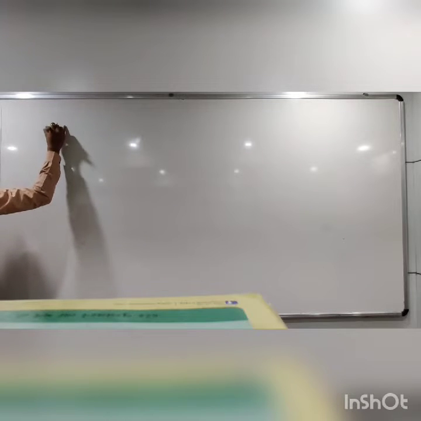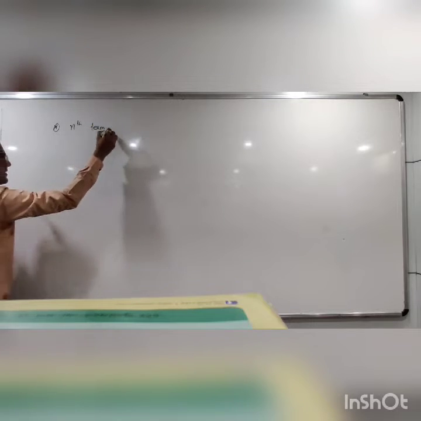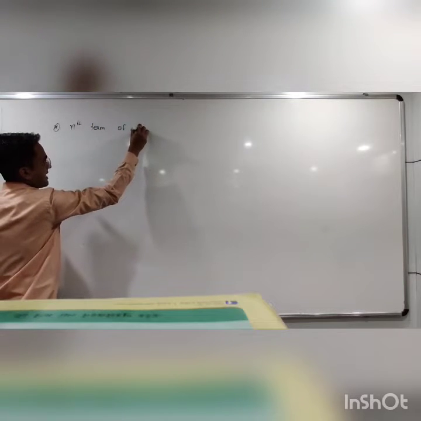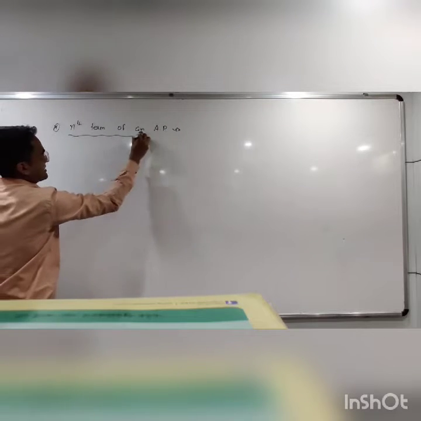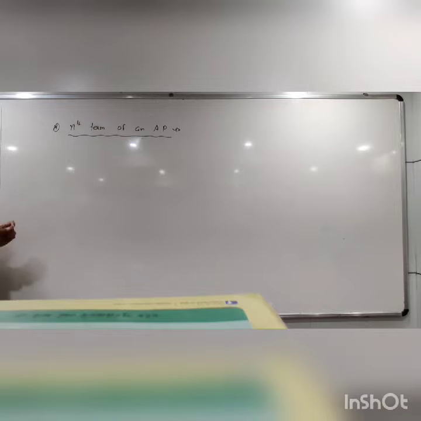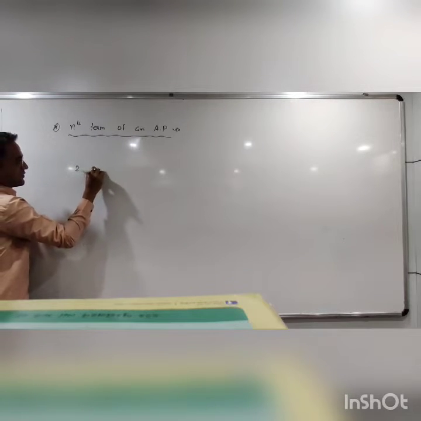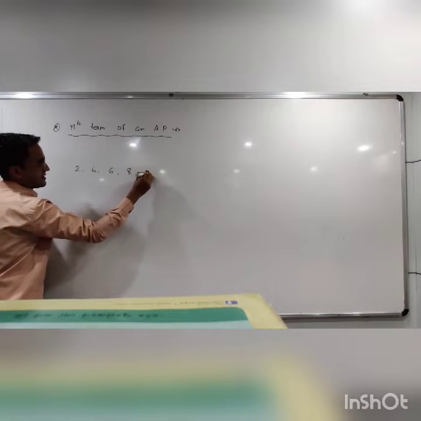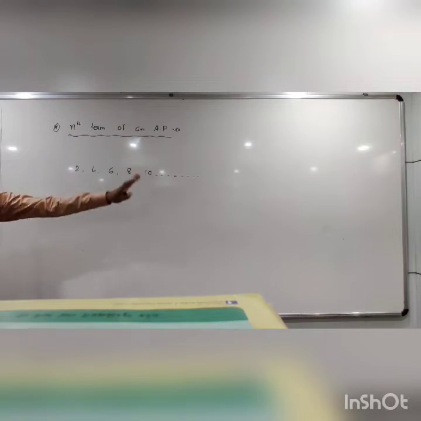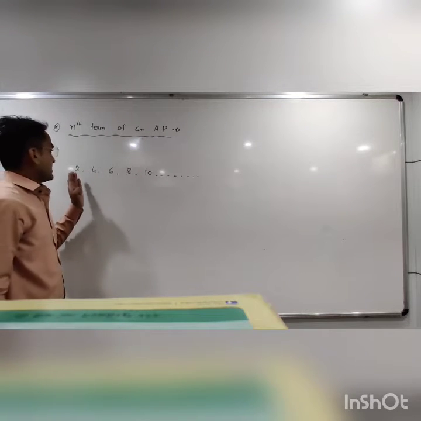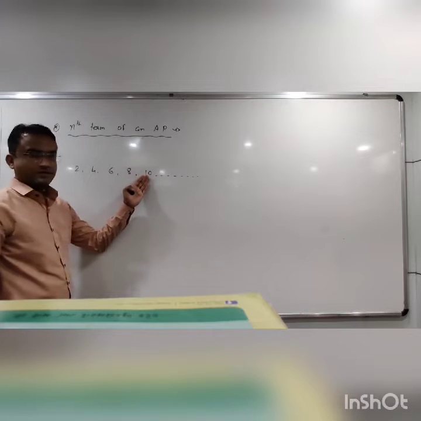What is that? That is the nth term of an AP. Now what is the nth term of an AP? If I give you an AP like 2, 4, 6, 8, 10, this one is your first term, this one is your second, third, fourth, fifth.